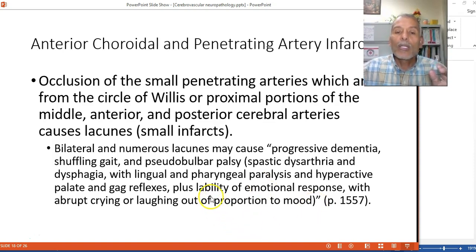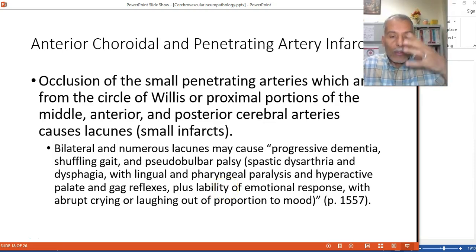In addition, they also have emotional lability: the person easily cries and easily laughs, and their crying and laughter are exaggerated beyond what the context allows for. Sometimes they switch from laughing to crying with no cause, or from crying to laughing with no cause. And that is part of pseudobulbar palsy.